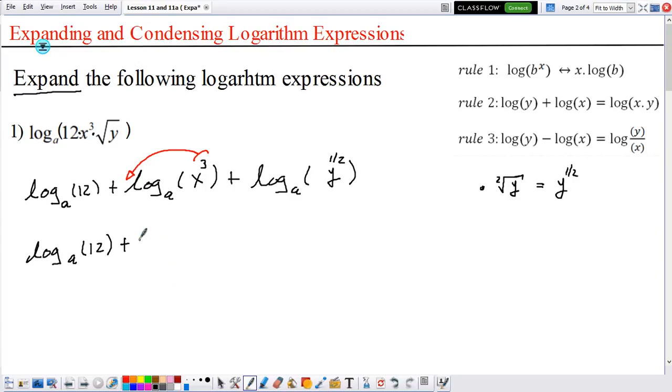So now this becomes 3 log of a of x, because that's what the rule says. If you have an exponent, it goes to the front, plus, notice that here we have an exponent of 1 half, so it goes to the front. Now this becomes 1 half log of a of y. And this is your final answer.